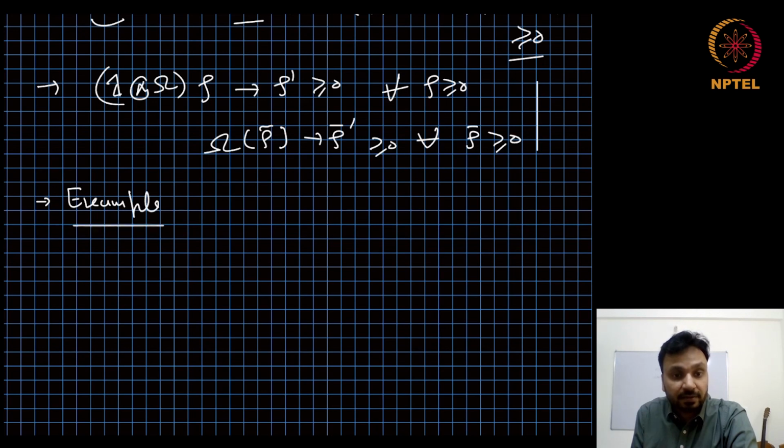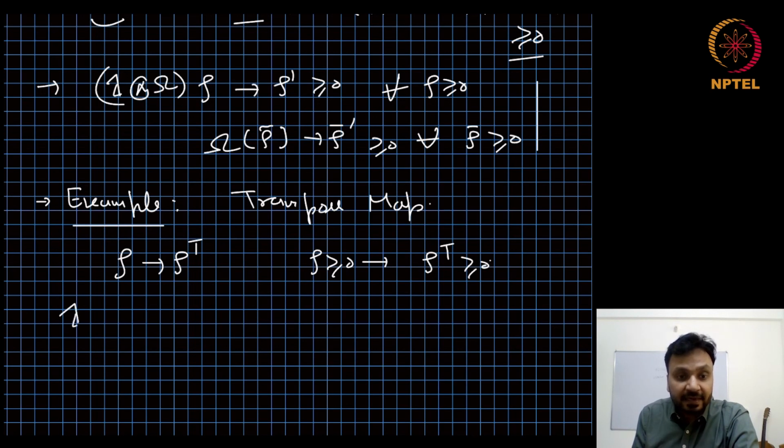or counterexample, is the transpose map. So the transpose map takes rho to rho transpose. If rho is positive, then rho transpose is positive.